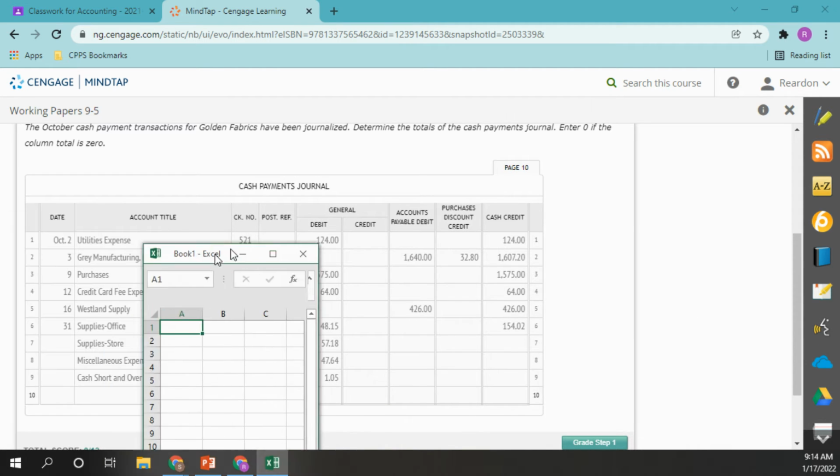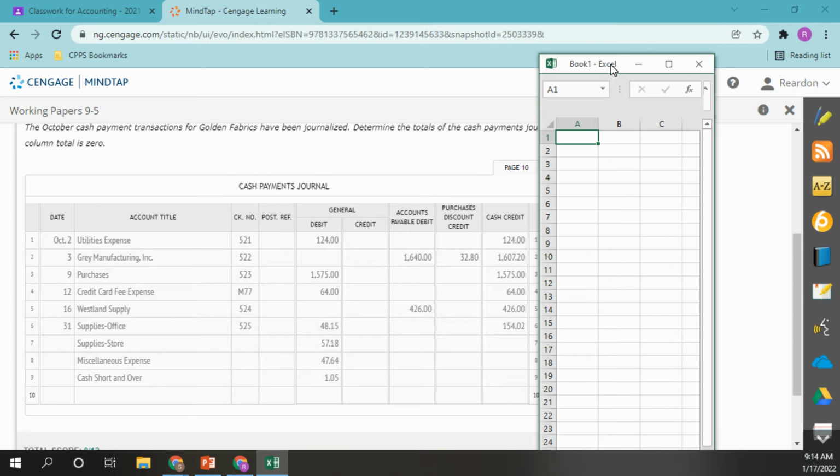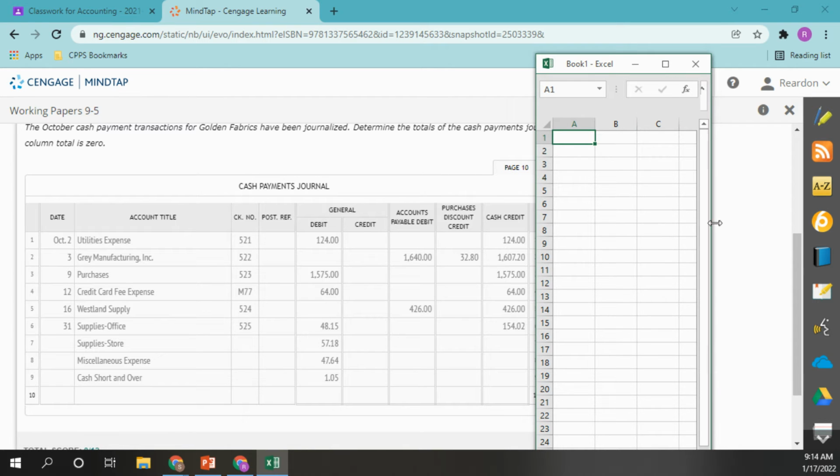Okay. All right. So here we go. I've got my general debit and my general credit, accounts payable debit, purchases discount credit, cash credit. Okay, let's add it up.